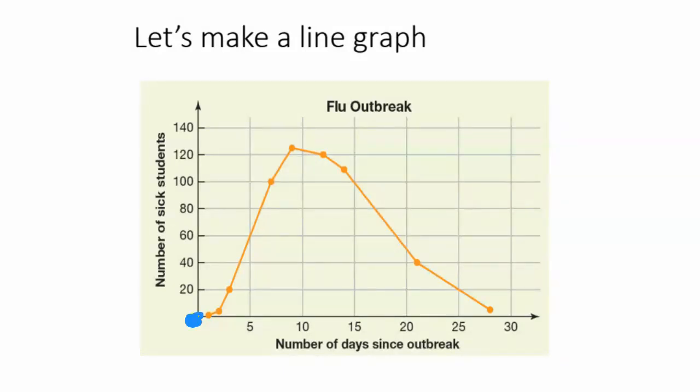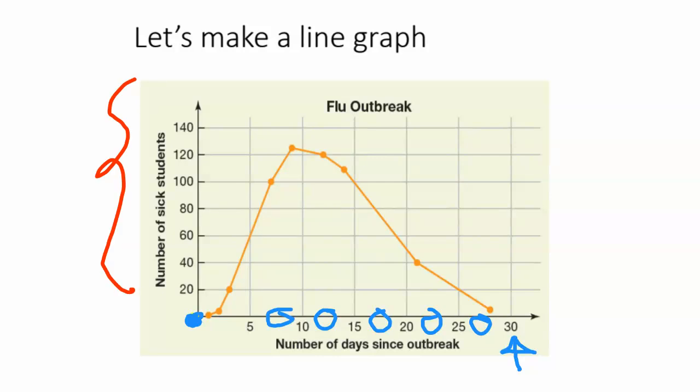Notice I'm going up to 30, and every one of these intervals are in 5s, just like I said. Now, when I look at the vertical axis, I'm still starting at 0, but I've gone up to 140. Everything is 20 increments apart. And then I plot my points.